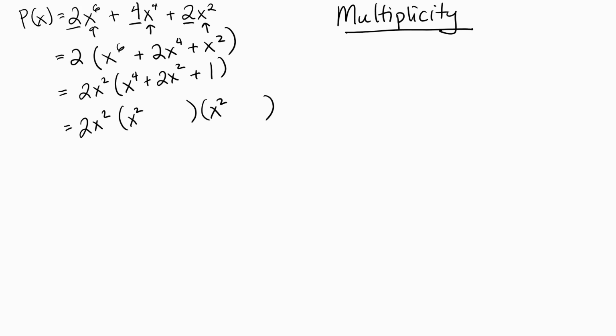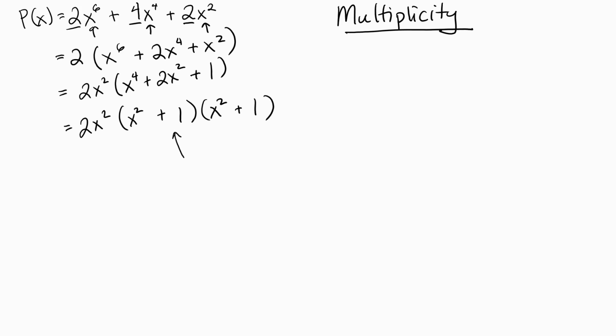But because it's plus 2x squared in the middle, that tells me it's going to be positive 1. I can double check it because if I FOIL this, in the middle I should end up with 2x squared.